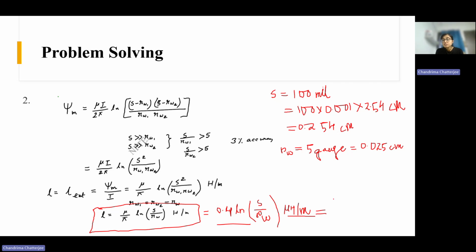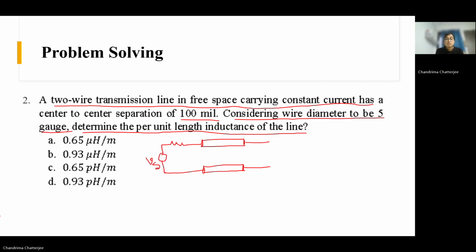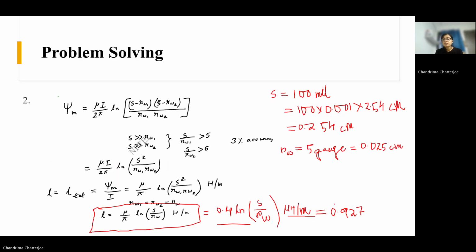We are getting 0.927 microhenry per meter. Okay, let's see, option B. Microhenry per meter. Please observe the unit, because if it is not in microhenry, it is in nanohenry or some other unit, then you will have to calculate accordingly. Microhenry per meter.